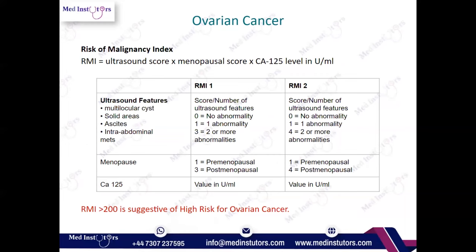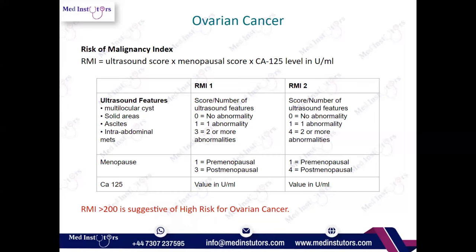Okay, if now we have a patient, we check her tumor markers, but we want to assess her risk of having malignancy in the future, so that we can manage that patient accordingly. So what is the criteria? How can we do that? Thankfully, we have a formula which we call the risk of malignancy index.